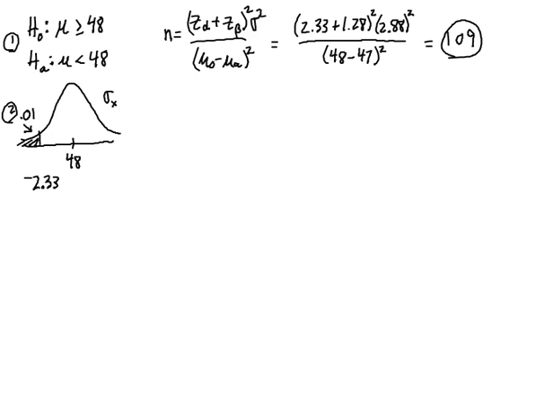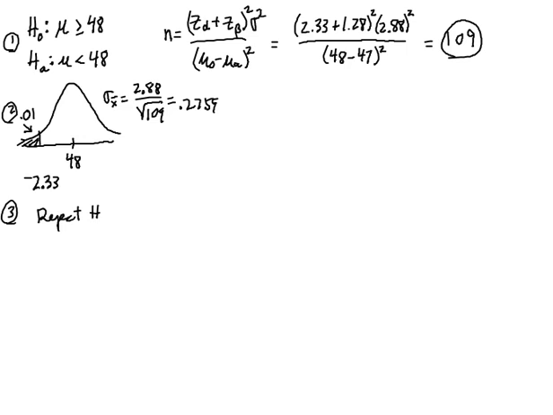Our standard error will be the 2.88 divided by the square root of 109, which we're using to satisfy our error requirements. We'll get a standard error of 0.2759.